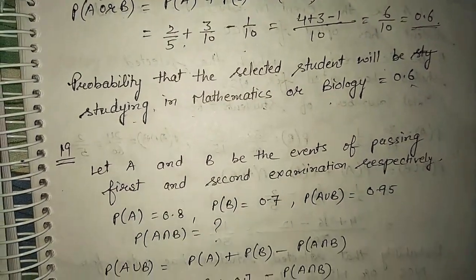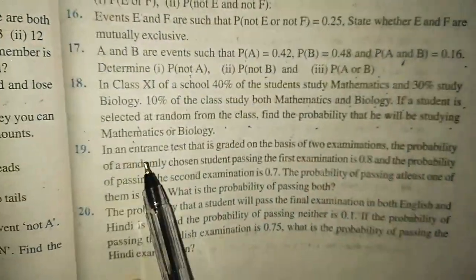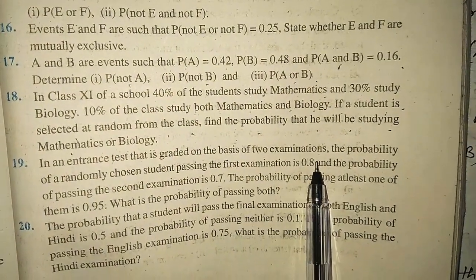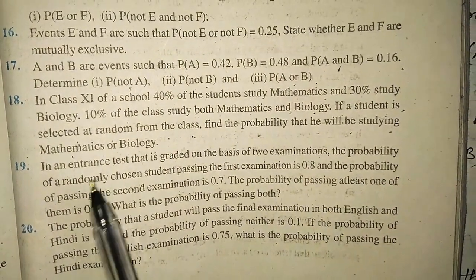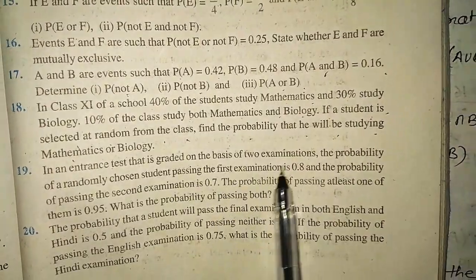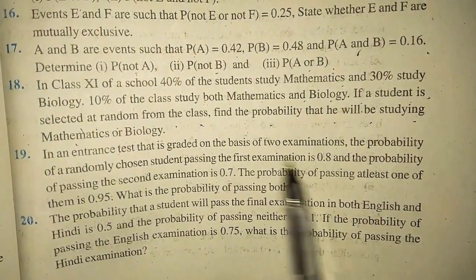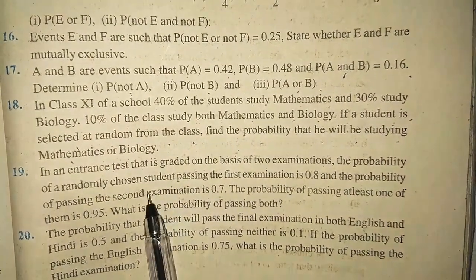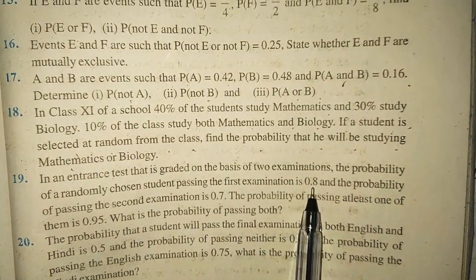Now come to question number 19. In question 19, in an entrance test that is graded on the basis of two examinations, the probability of a randomly chosen student passing the first examination is 0.8. Okay, the entrance test is based on two examinations. The probability of passing the first examination is 0.8.